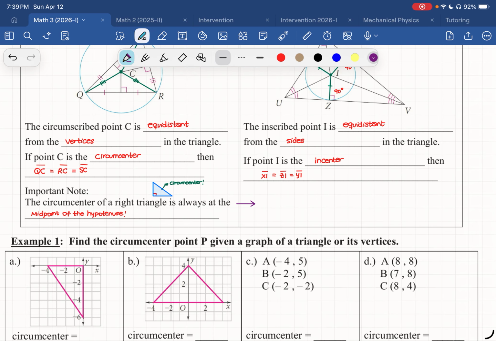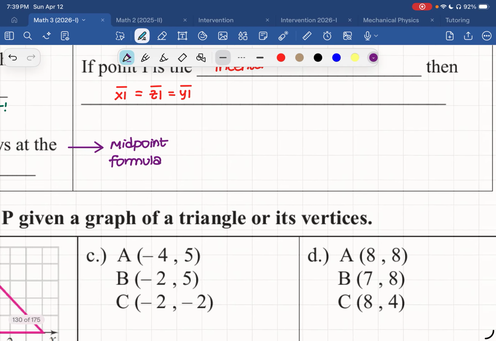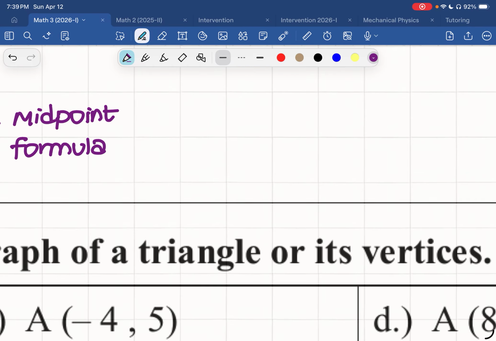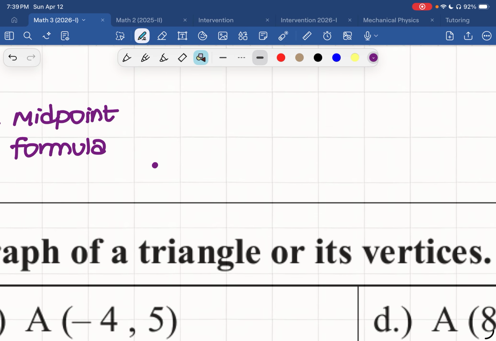So we're gonna write here, I'm gonna give you the formula of the midpoint. Whenever you have 2 points, let's imagine that you have 1 point here and 1 point here, and we're gonna connect them, right?